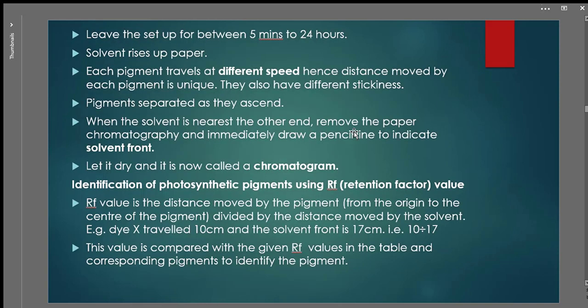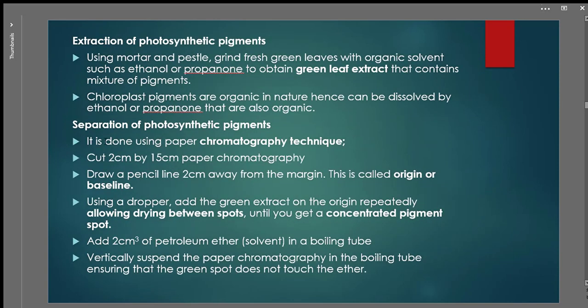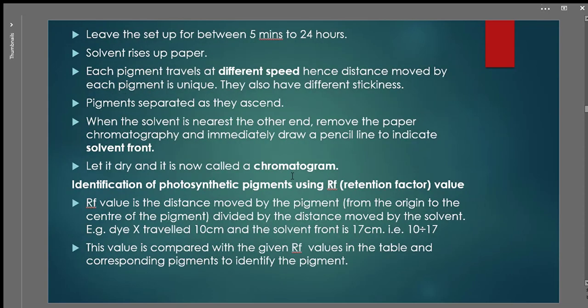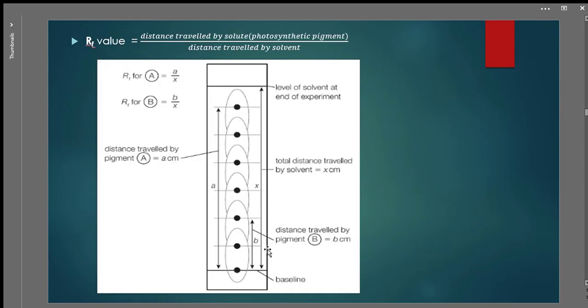The next step after you have cut that, you draw a pencil line 2 centimeters away from the margin, and that is called the origin. If you come to this slide, you realize that this is the baseline.